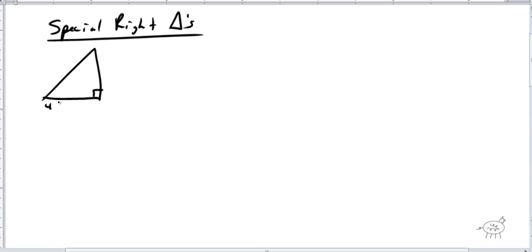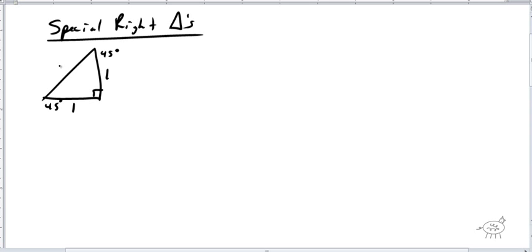It's a 45, 45, 90 triangle. And if it's a 45, 45, 90 triangle, do you remember what the sides are? If you remember, it's x, x, and x root 2. But I'm just going to make x 1, just to make it easier. When we deal with ratios, the x's are going to cancel out, and you're not really going to need to know that it's 1 or that it's x.